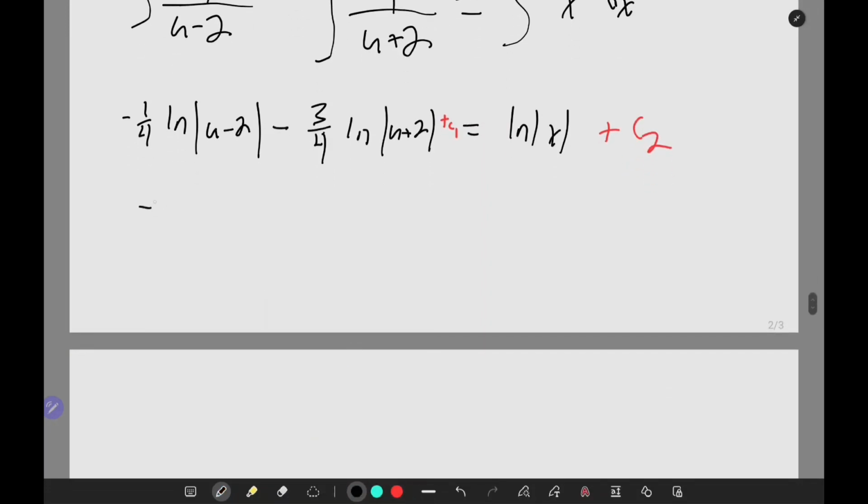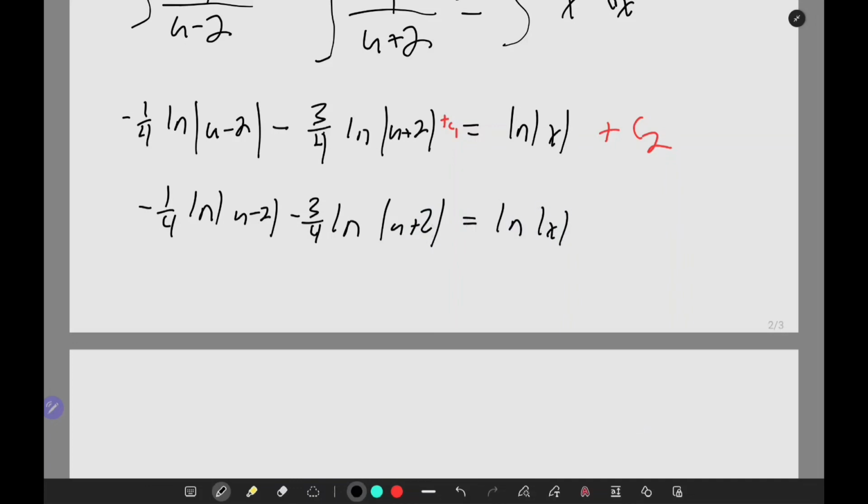If I rewrite the whole thing, I'm going to do c2 minus c1 is equal to c, and we get plus c over here. So now this is the final answer.